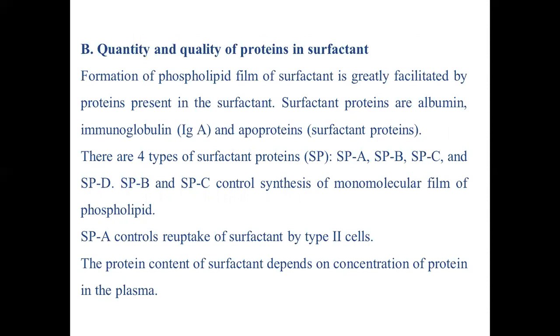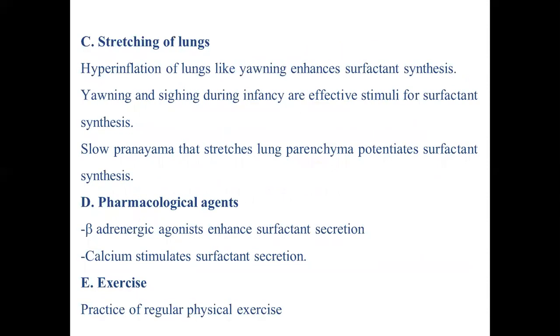And the surfactant proteins are actually of four types, as we have seen: A, B, C, D. B and C are important for the formation of the monomolecular film of phospholipids, whereas A controls the reuptake of surfactant. The protein content of the surfactant depends on the concentration of protein in the plasma. So the plasma protein concentration should be in the normal range, and only then will the quantity and quality of the proteins in surfactant be maintained.